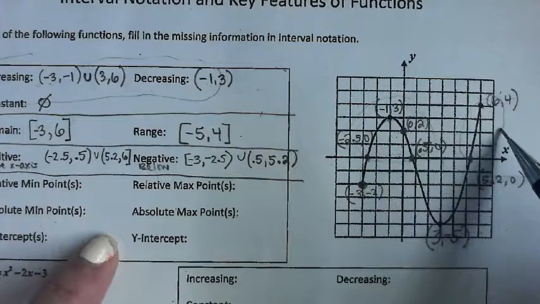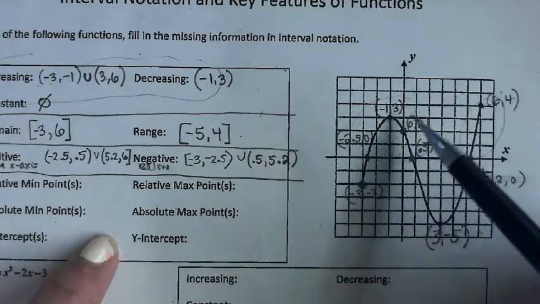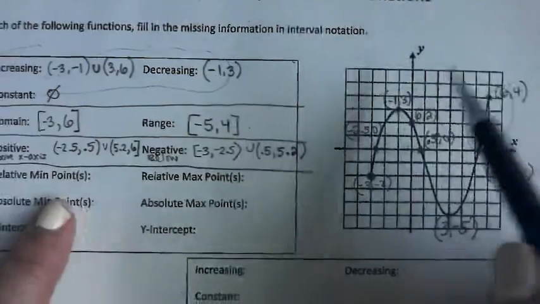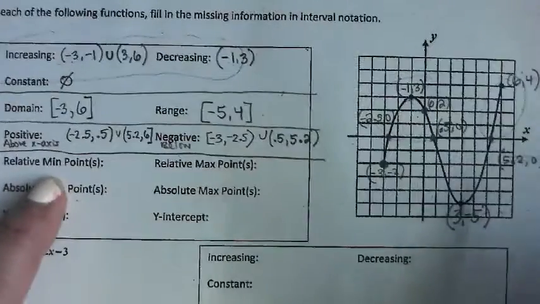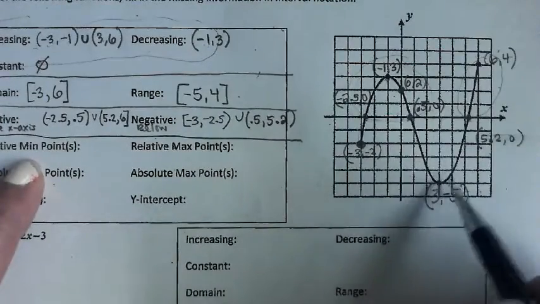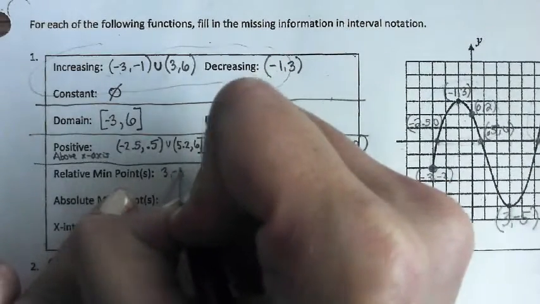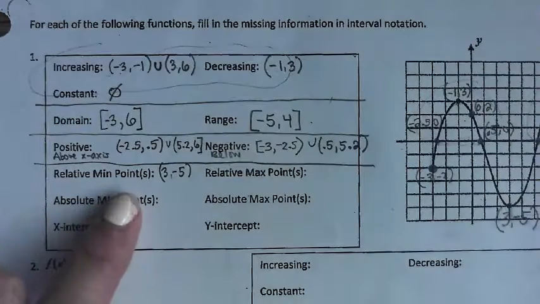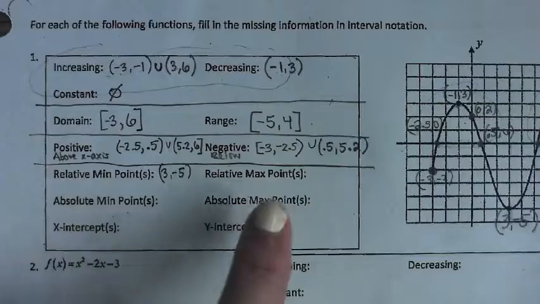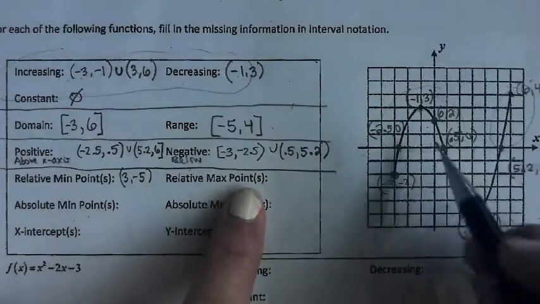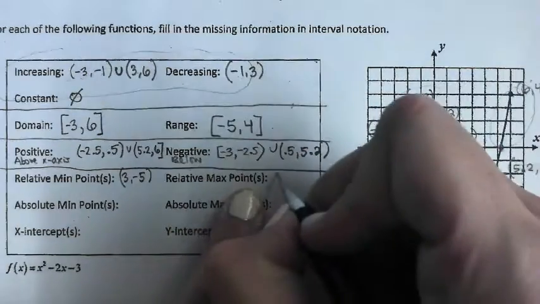Does that make sense? So relatives have to be sort of turnaround points. So the relative minimum point is this little vertex here, (3, -5). And the relative maximum point is this one here, (-1, 3).